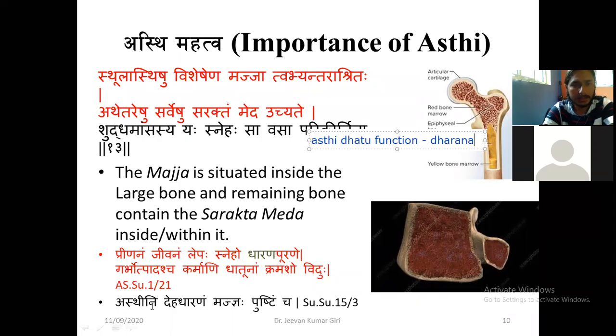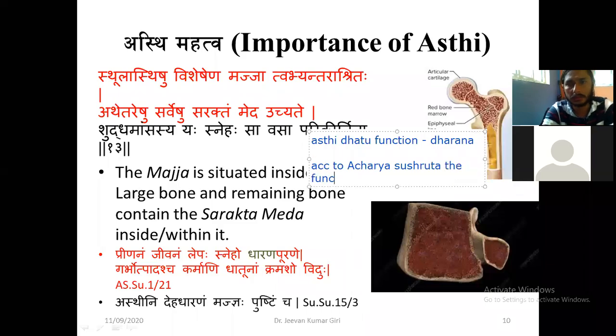Now next see, asthi nidehadharanam majja pushti cha. According to Sushruta, again see, asthi dehadharanam majja pushti cha. So the function of asthi dhatu is the deha dharana and majja pushti. You write that also. So according to Acharya Sushruta, write the function of asthi is deha dharana, comma, majja pushti.